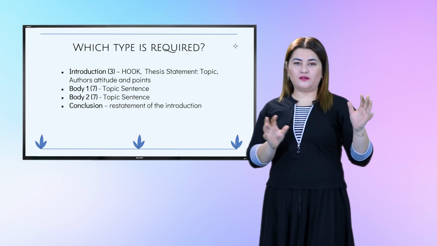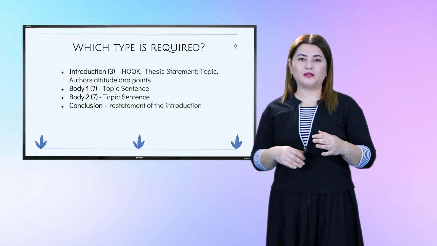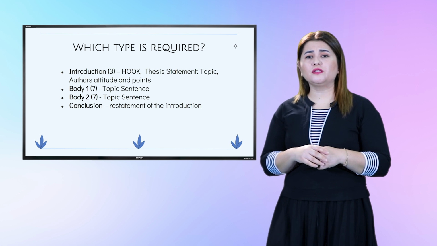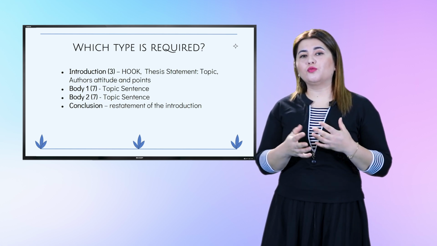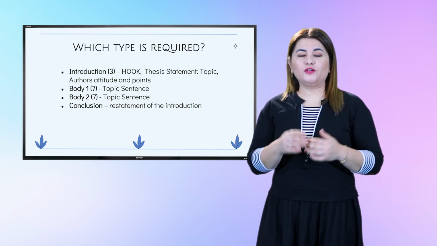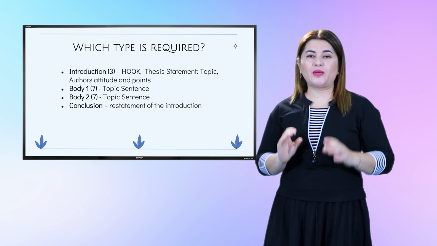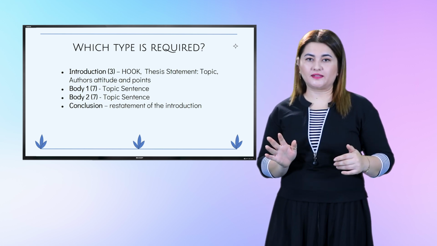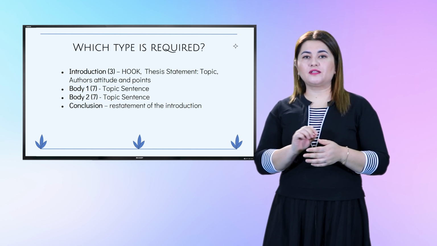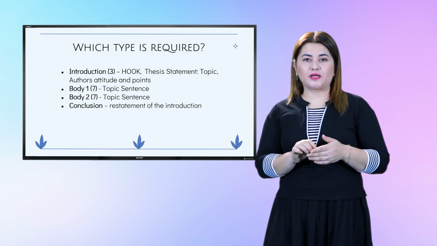And so we have covered the introduction. Now we go to the body. As I have mentioned, there could be 2 or more than 2 body paragraphs. Each body paragraph should have a topic sentence, which is the first sentence in the body paragraph.